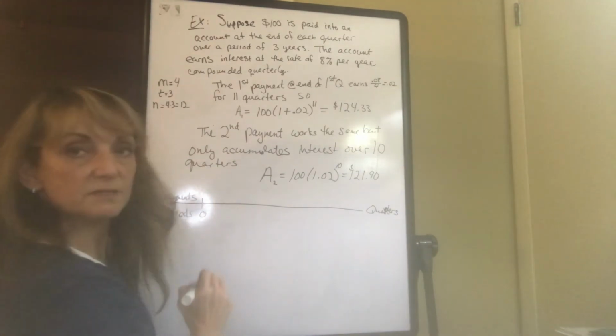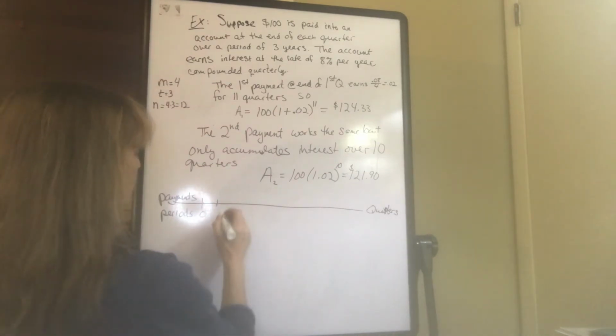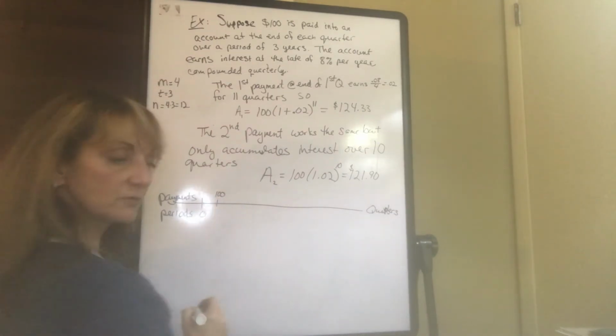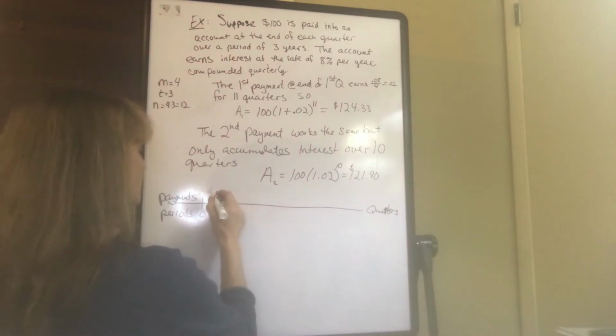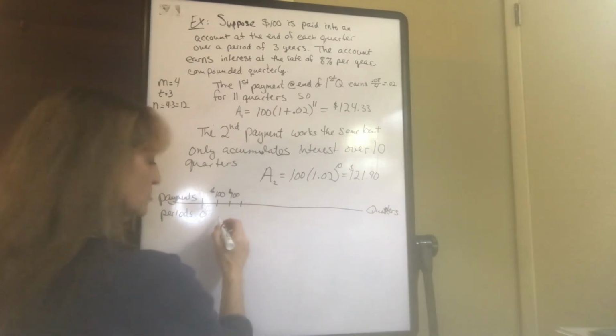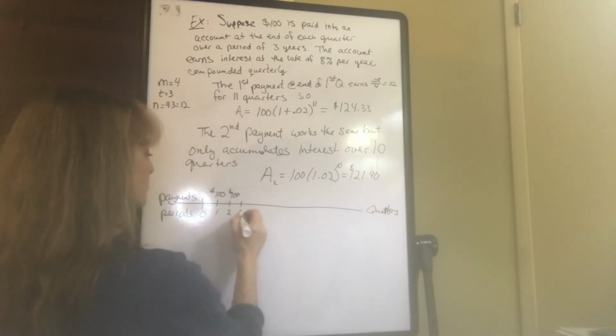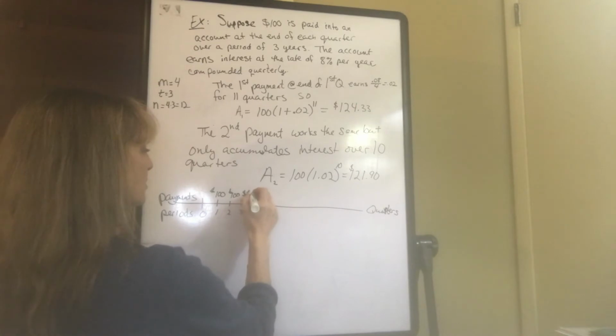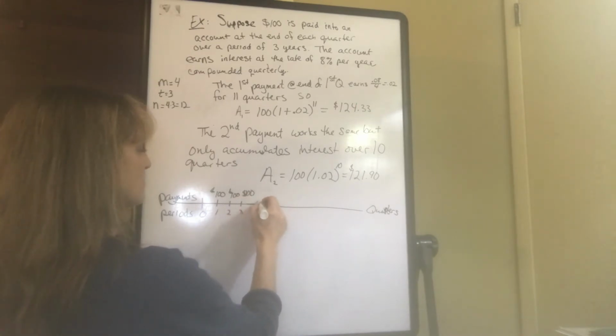We start at time 0, and after the first quarter, we put in $100, and after the second quarter, we put in another $100. Then after the third quarter, so I should put 1, 2, 3, we put in another $100, and this goes on.